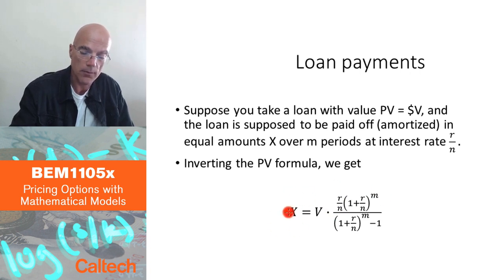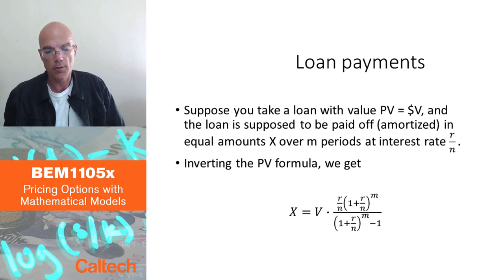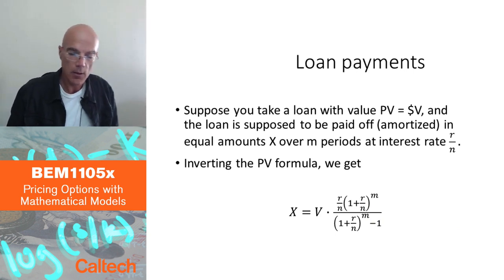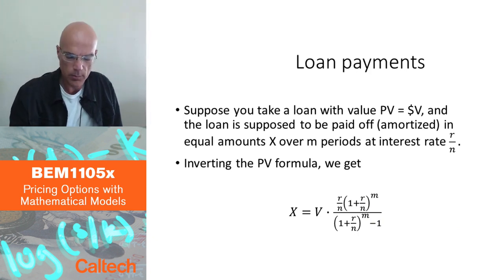This is the formula for X, for the amount I will be paying every period to amortize, to pay off this loan. Okay? So let's use this in a couple of examples just to make it more clear.